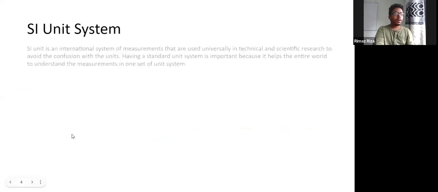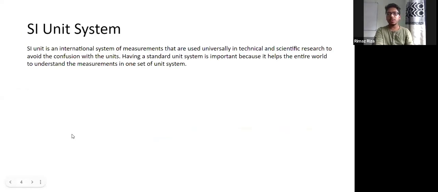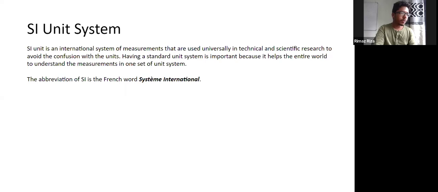Okay, and then the SI unit system. It's an international system that we all agree with. One set of unit system, right? Under the SI unit system, we discussed there are 7 base units and 2 supplementary units. So it is made up of 7 base units.